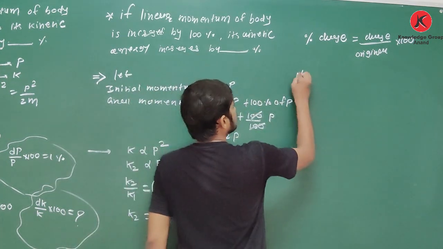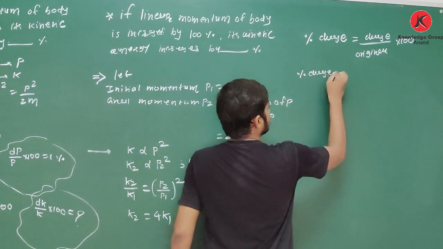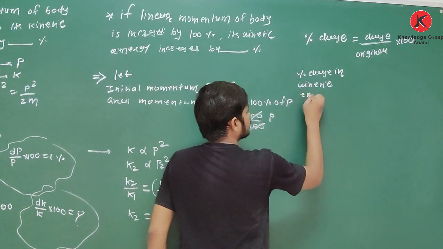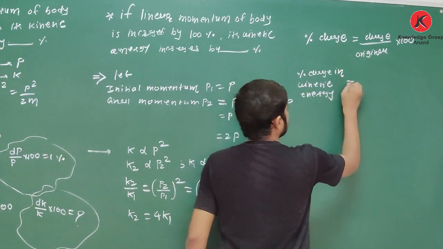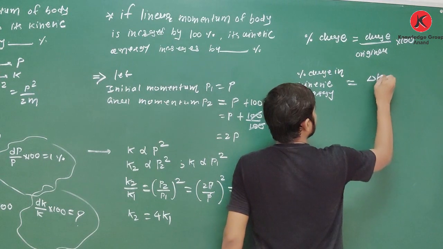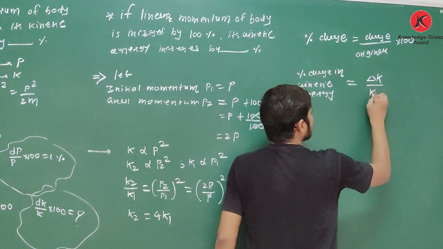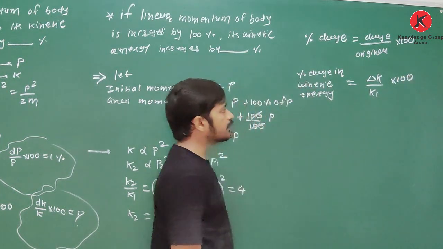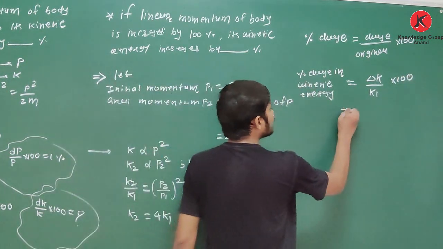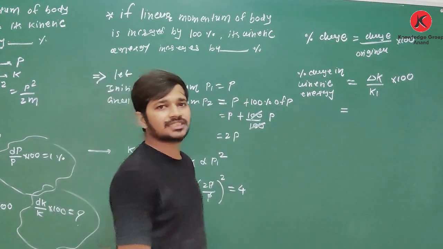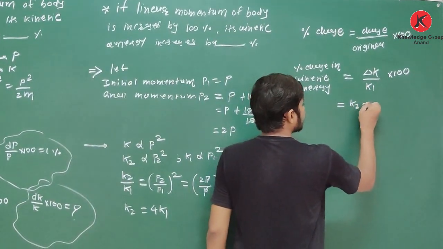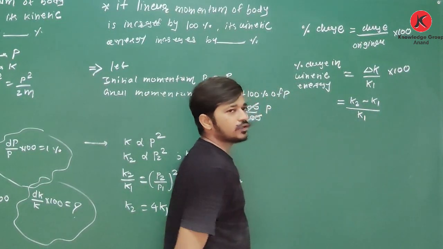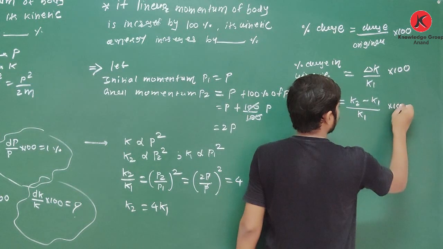Then the percentage change in kinetic energy is equal to the change in kinetic energy, delta K, upon the initial kinetic energy, that is K1, into 100. Clear about this? Delta K means the final kinetic energy minus the initial kinetic energy, upon the original kinetic energy, into 100.